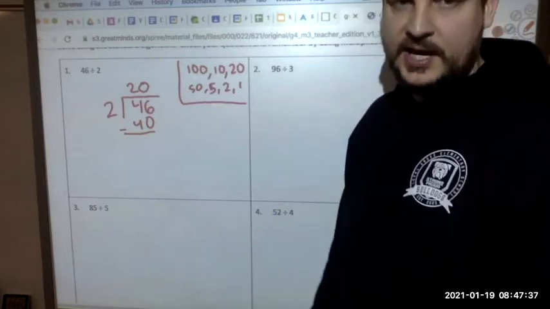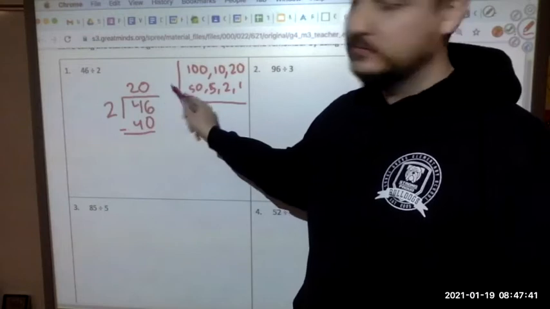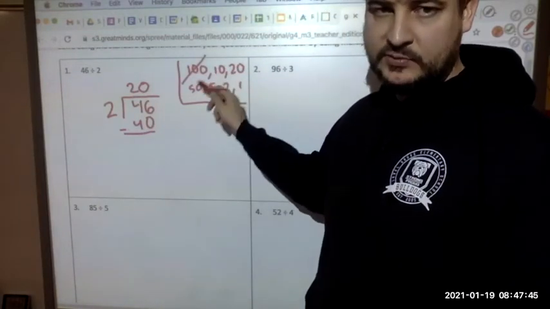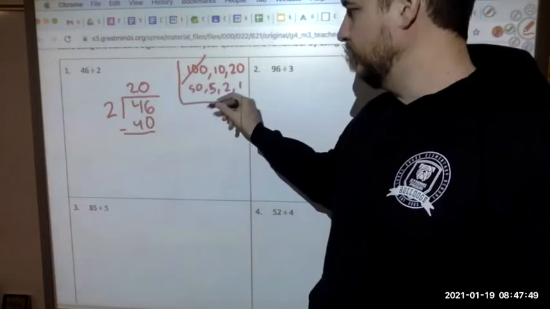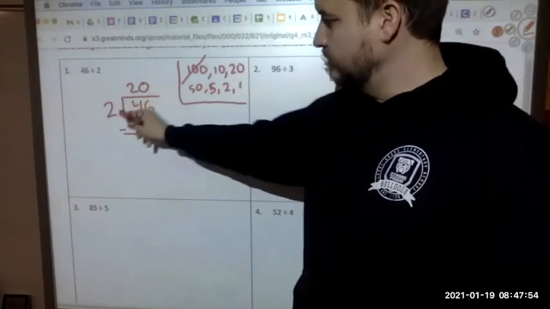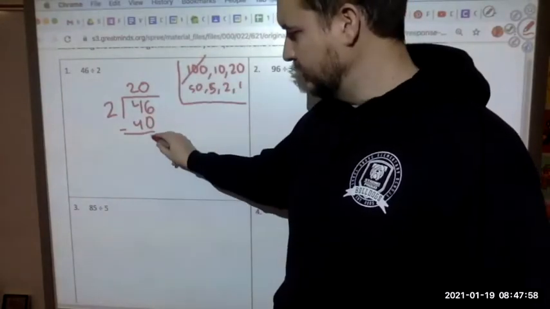And then I try them out. So 2 times 100 would equal 200. That's too big. So that doesn't work. 2 times 10 equals 20. That does work because it's less, but I feel like I could go further. So I'm not going to cross it out because I haven't used it yet. But I tried 2 times 20. That equaled 40. That's perfect. When I subtract, I get 6.